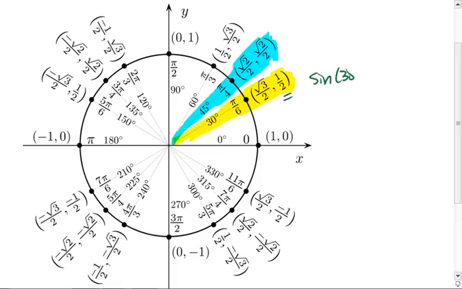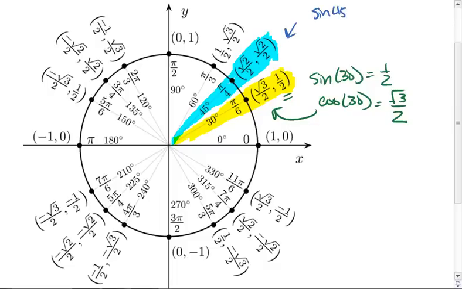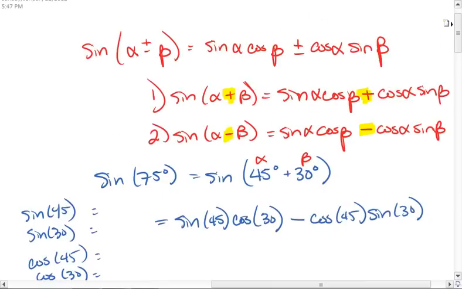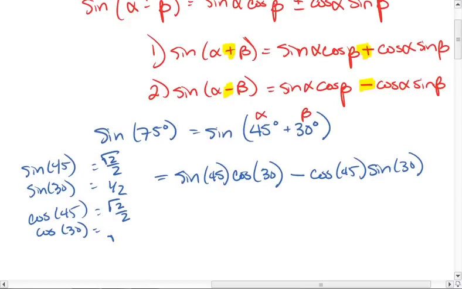Sine of 30 is 1/2. Cosine of 30 is rad 3 over 2. Now let's look at 45. Sine of 45 is rad 2 over 2. Cosine of 45 is rad 2 over 2. So I get rad 2 over 2, rad 2 over 2, 1/2, and rad 3 over 2.